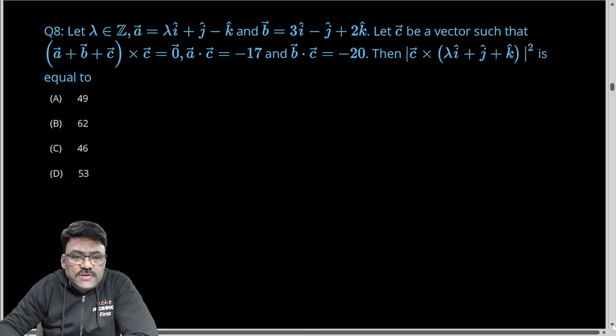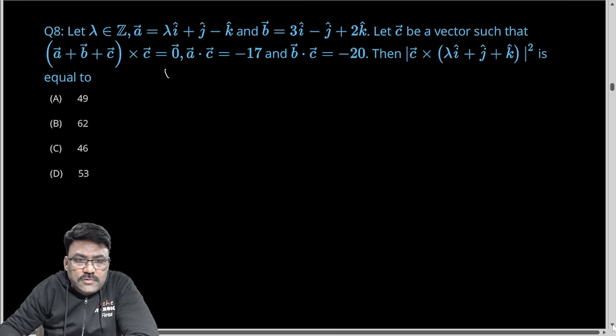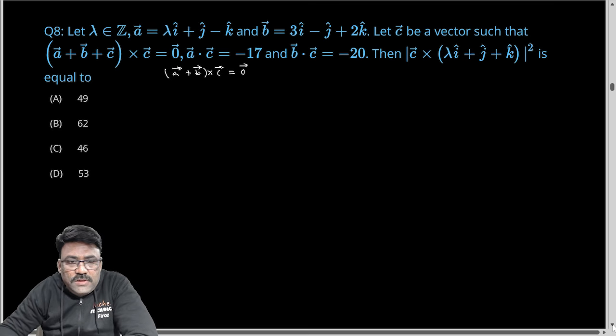So first see this condition: (A plus B) cross C is 0. C cross C will be 0. So you can write this condition as the cross product of A plus B with C is 0. So you can see that these two vectors are parallel.